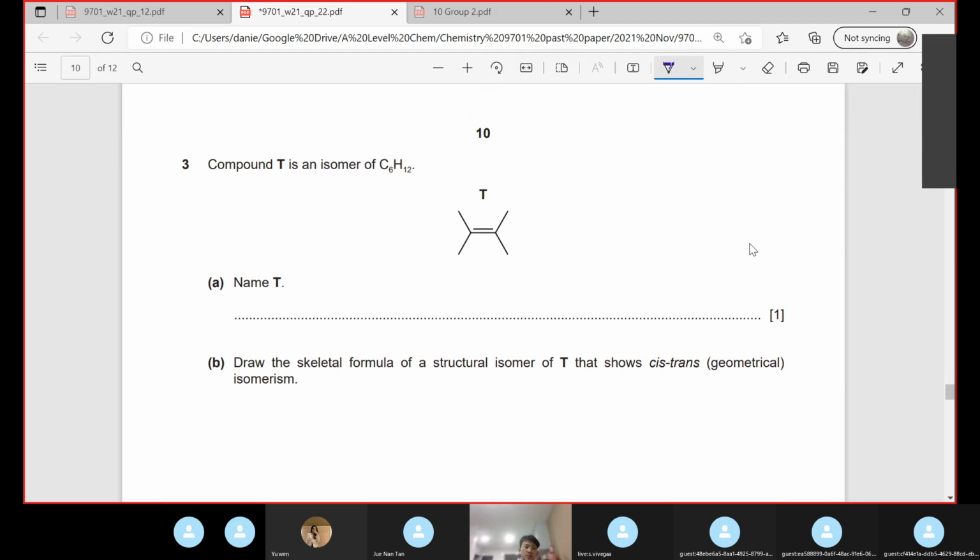First thing first, when it comes to nomenclature, naming the compound, I will advise you to circle the parent chain, which is usually the longest one. So we have 4 carbon here, so it should be butene. That is the double bond. 1, 2, 3, 4, 4 carbon, right? At the second carbon, if we count from the left hand side, so butene.